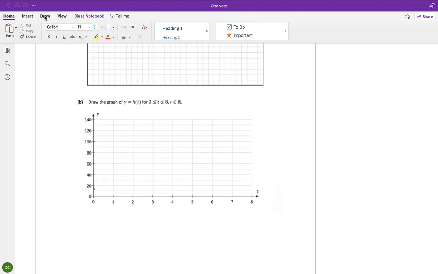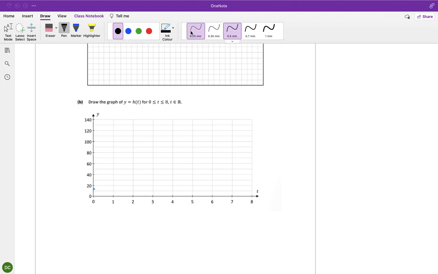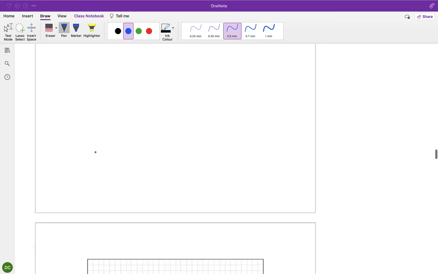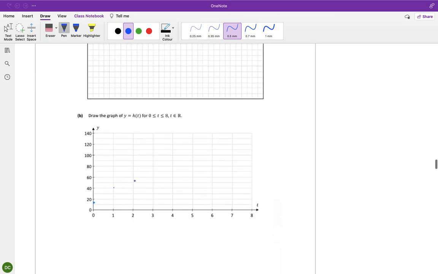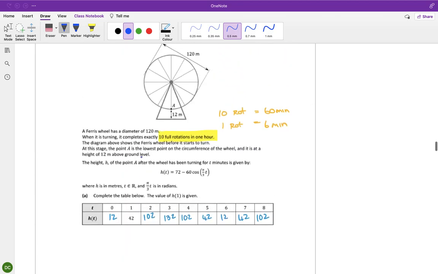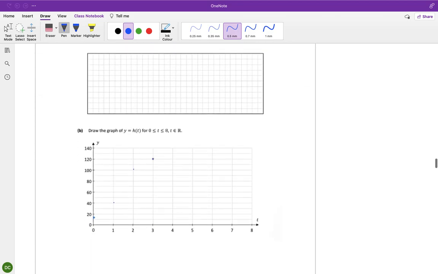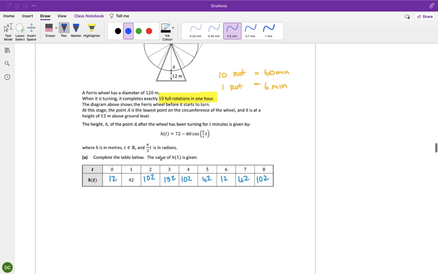We're just going to do it this way. 1 is 42, so that's going to be a little bit above. 102 then for 2. 102 is going to be there. 132. That's 130, so that's 132.